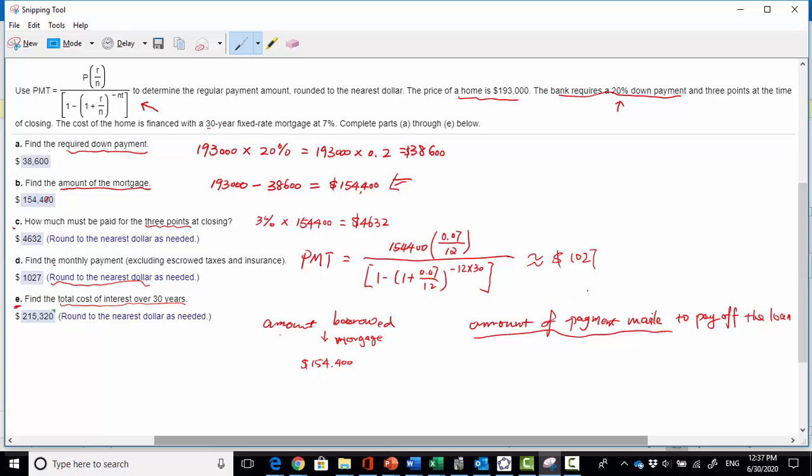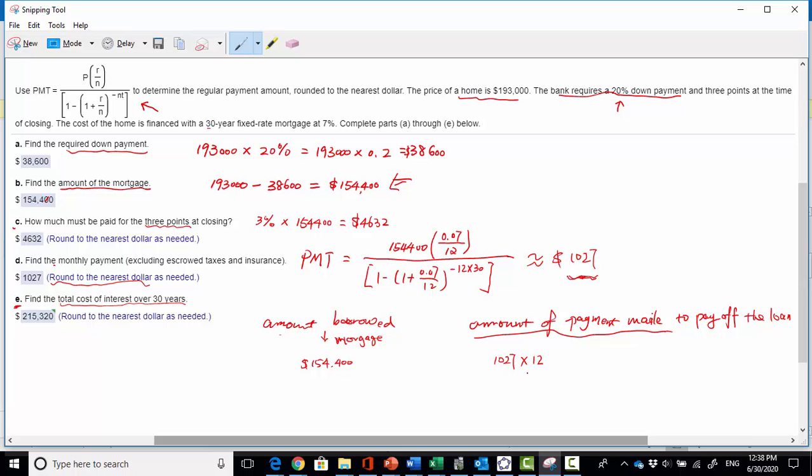Then we have to figure out the amount of payment made to pay this mortgage off. Take a look at what we calculated in Part D. Part D tells us every month this amount of money has to be paid, and this amount has to be paid for 30 years. So from here we can figure out the total amount of payment. It would be the monthly payment, which is $1,027, multiplied by 12 months.